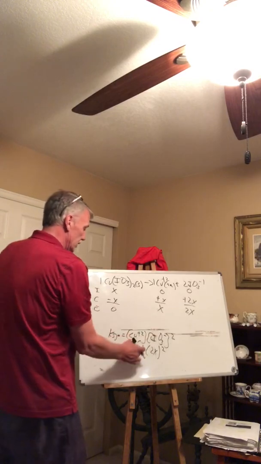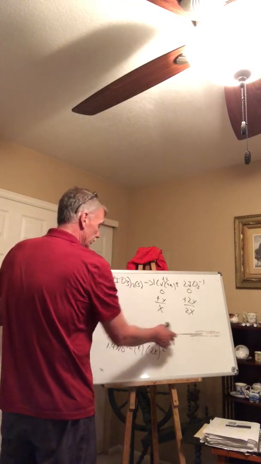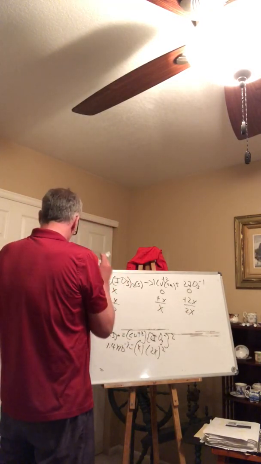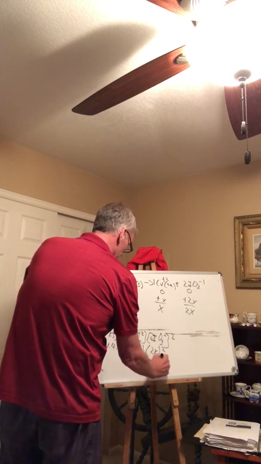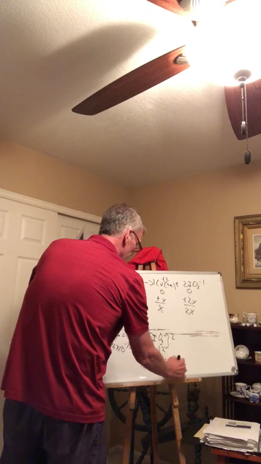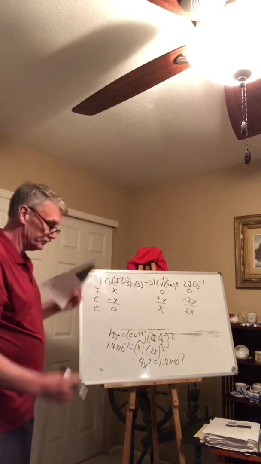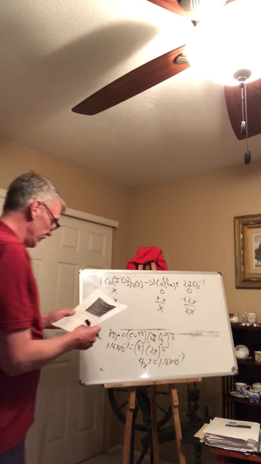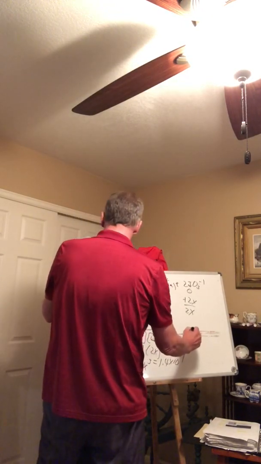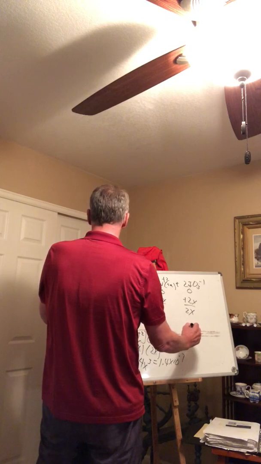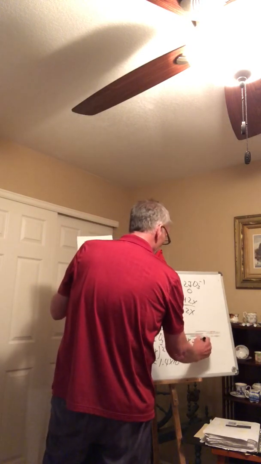And so what I end up with then is 4X cubed equals 1.4 times 10 to the negative 7. What I end up solving for X, the solubility, comes out to be 3.3 times 10 to the negative third.